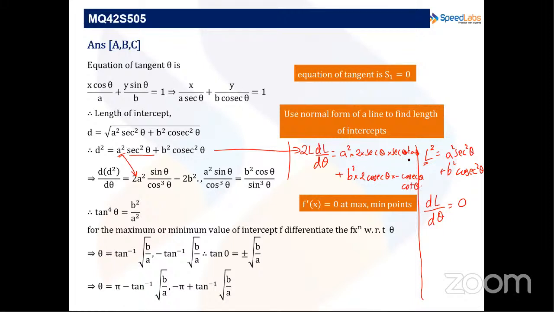Changing all these terms into sine and cos, you will get the differentiation equal to 2a square sine theta upon cos cube theta minus 2b square.